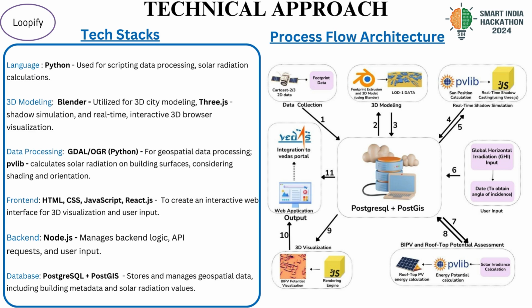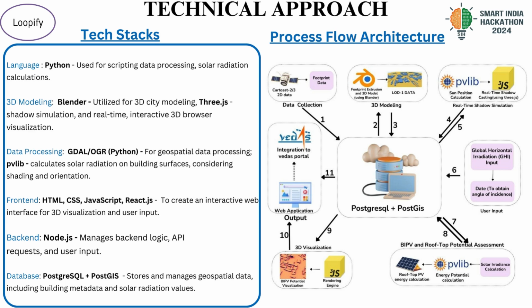For data processing, we are using several Python libraries like GDAL and OGR or PVlib. For geospatial data analysis and processing, we will use GDAL and OGR. And for solar radiation calculation on the building surfaces, which considers shading and orientation, we are using PVlib.